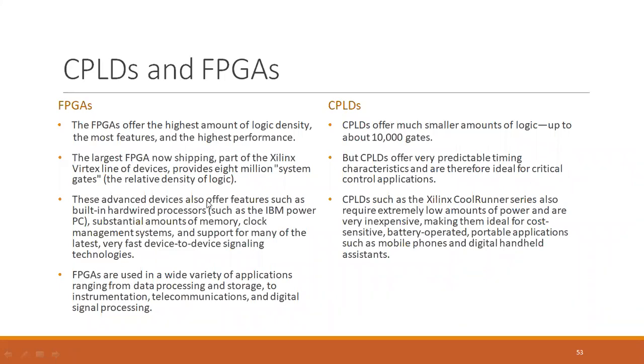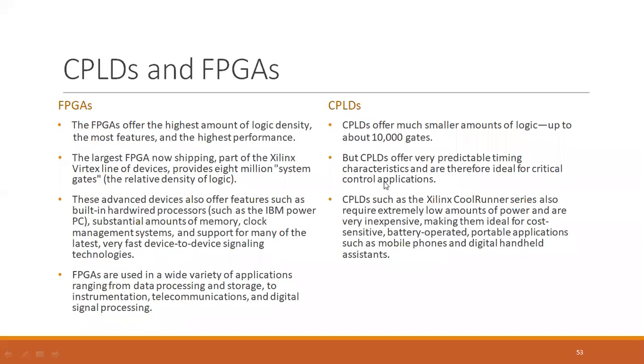These advanced devices offer features such as built-in hardwired processors, a substantial amount of memory, clock management systems, and support for many of the latest very fast device-to-device signal technologies.